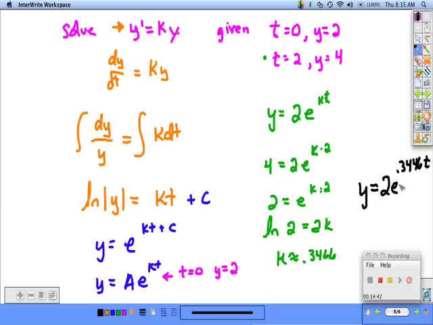And we could use this model now to find out the amount of this substance after 3 days, or after a year, or after any period of time. We could find out what our population is. For instance, when time is 0, the population is 2. After 2 minutes, the population is 4. We can use our model to go beyond that and find other populations at other times.